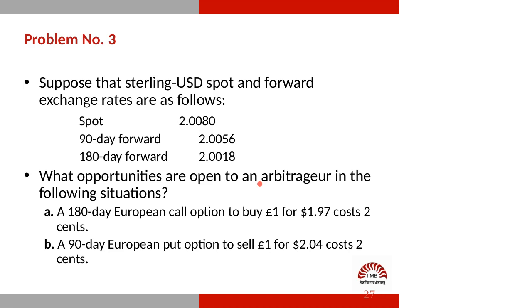I can buy £1 for $1.97, and that costs me 2 cents. The second one is a 90-day European put option to sell £1 for 2.04, which costs me 2 cents. What kind of arbitrage opportunities are there?